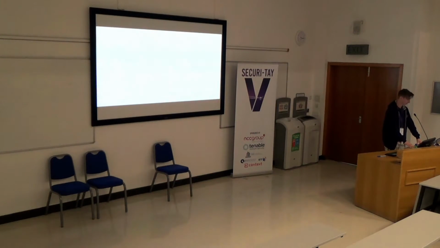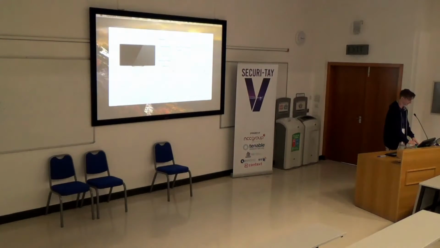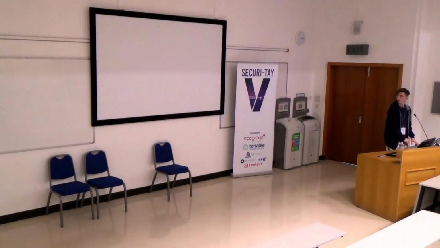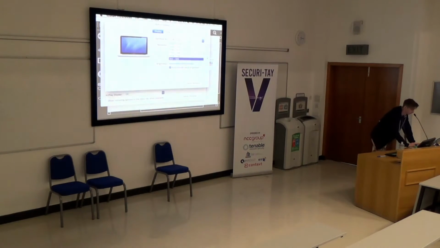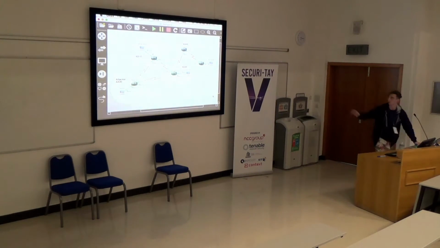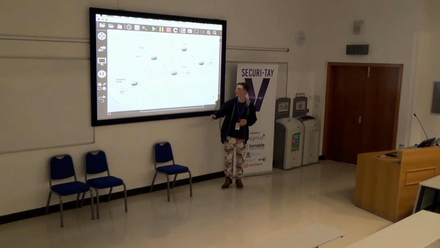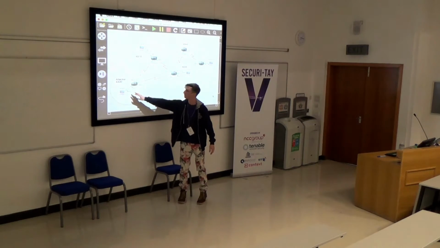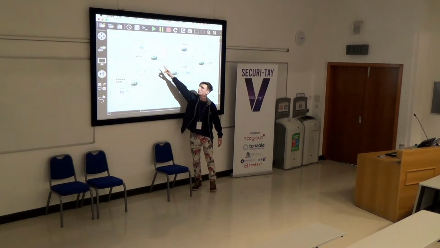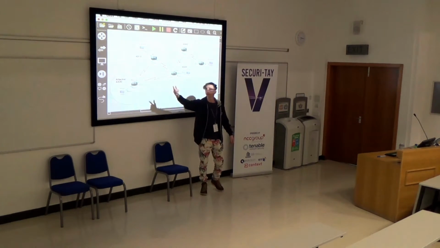Okay, so demo time. That's the network I've set up. I'm just going to quickly talk through it. We've got an attacking system here. This is a standard web server that's just going to serve the Securi-Tay website, just locally.